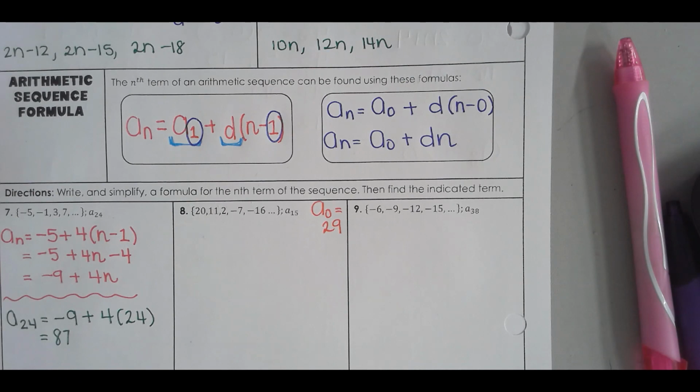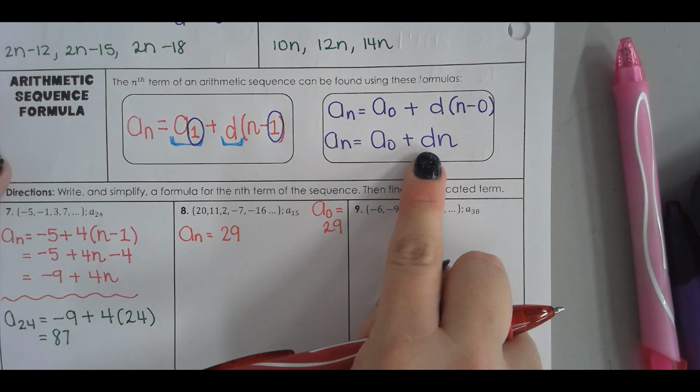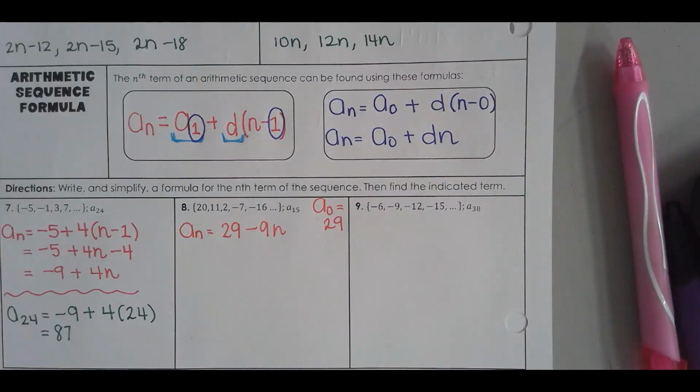So I can use the formula A0 plus my common difference. My common difference is negative 9, plus negative 9, just minus 9. So if I can find my zero term quick in my head, I can save myself some time.